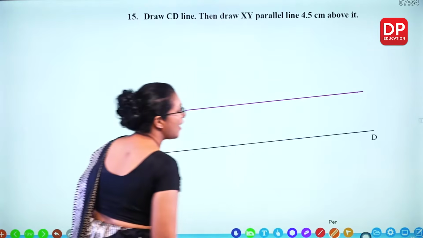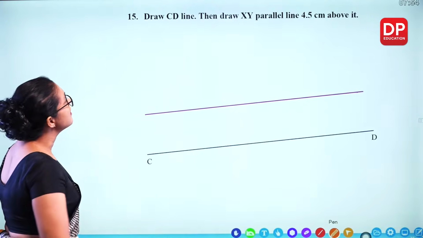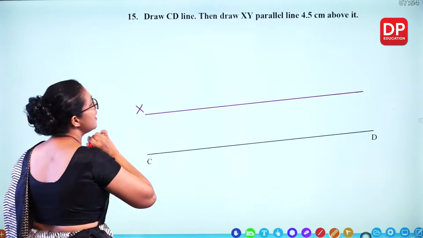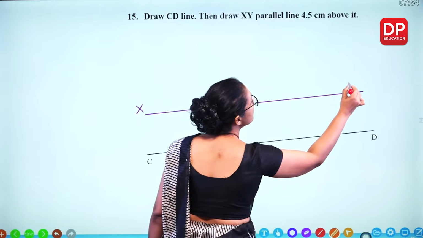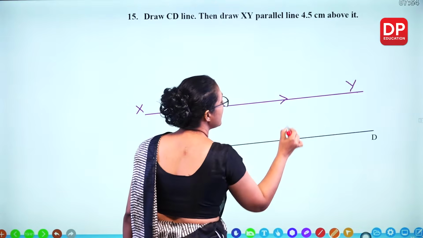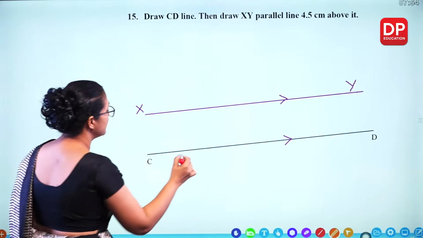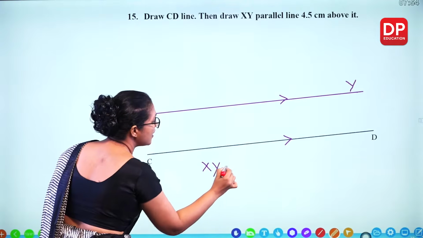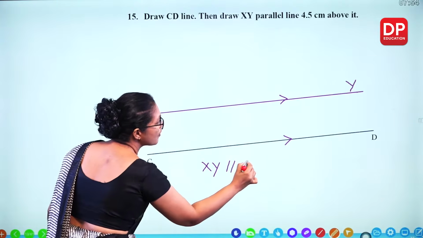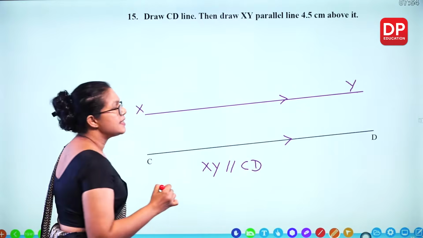This line is parallel to CD. So we can label it as XY. So XY is parallel to CD line. So XY is parallel to CD.